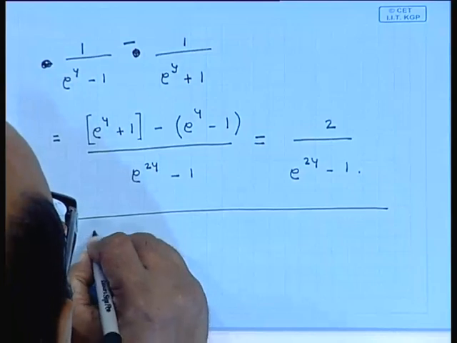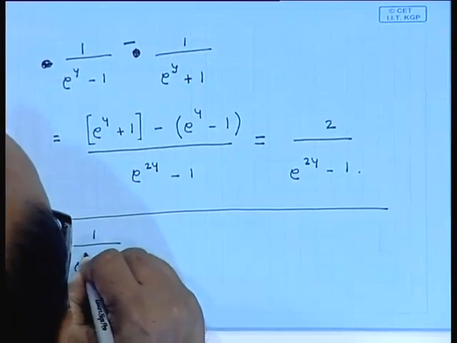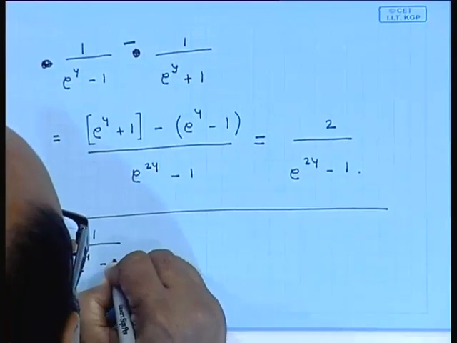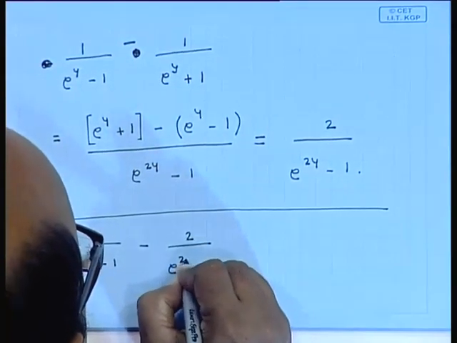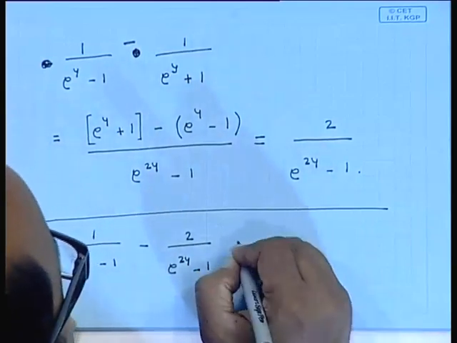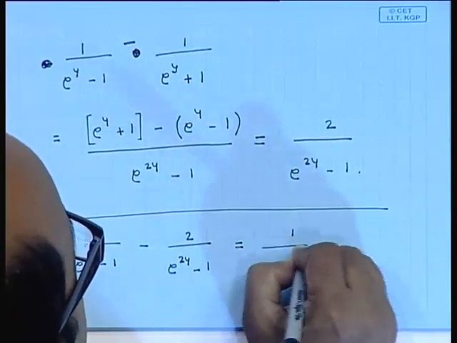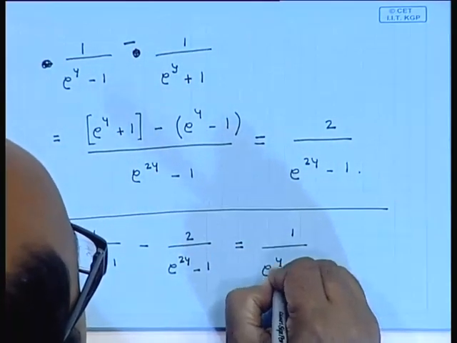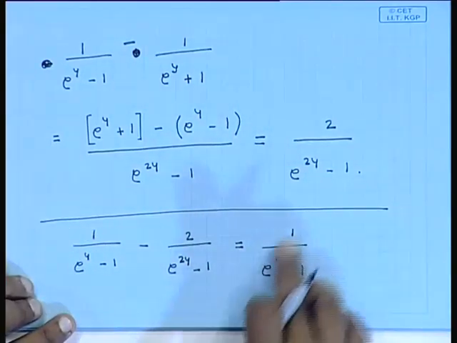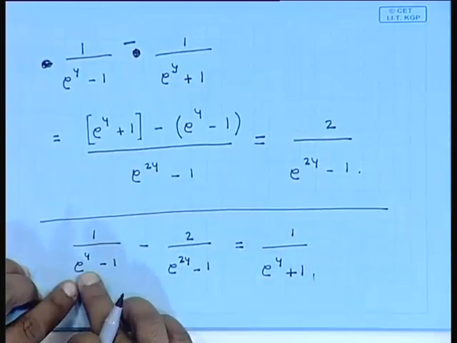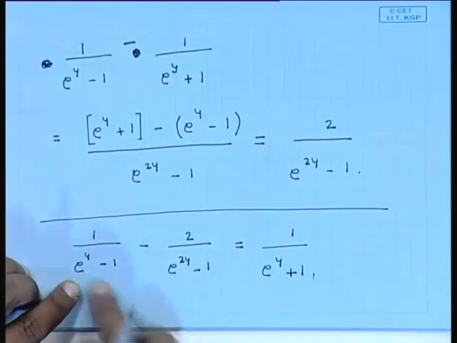What we need is 1 by e to the power y minus 1 minus 2 by e to the power 2y minus 1 is equal to 1 by e to the power y plus 1. Okay, so we have expressed 1 by e to the power y plus 1 in terms of these two integrals, which we already know.